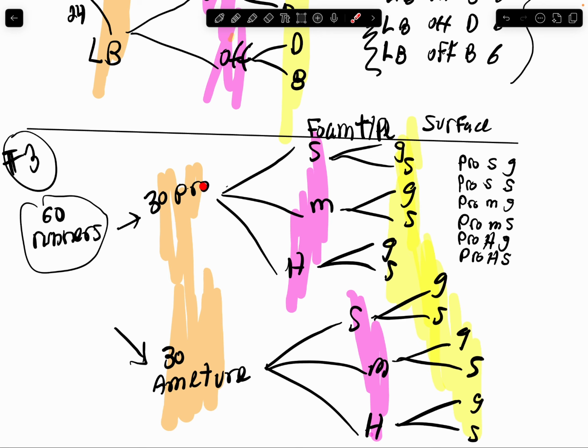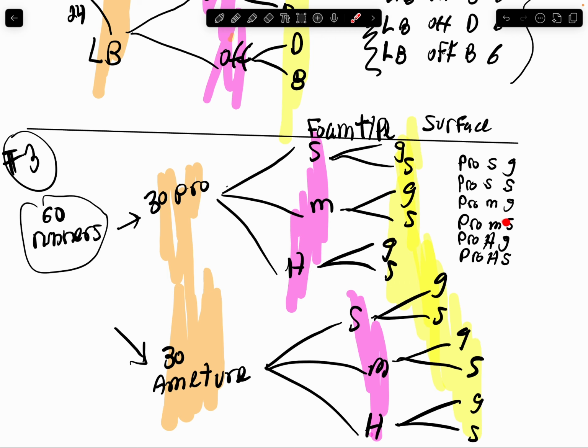So the 30 pros, you're going to have them check pro, soft foam, grass, pro, soft foam, synthetic, I think it's called AstroTurf, pro, medium, grass, pro, medium, synthetic. So that's what I've got here.